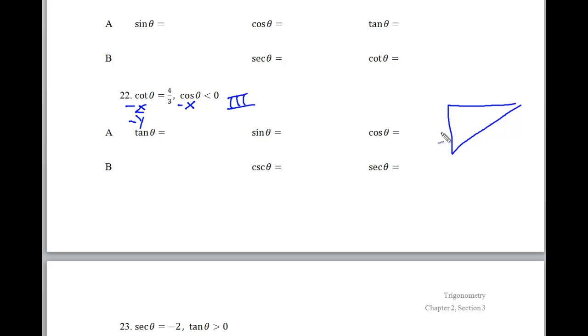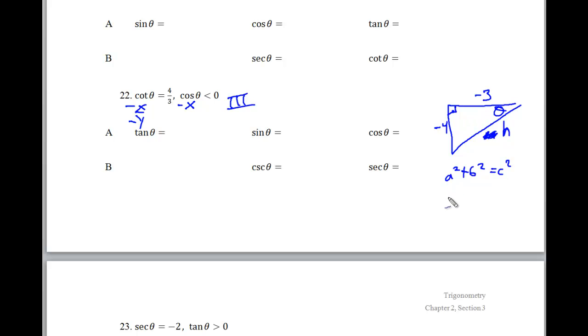Now, since the cotangent is x over y, this would mean that my x would be -3 and my y would be -4. And now we're going to find our hypotenuse, which is typically the c part of our right triangle from our reference point theta. So this gives me a squared plus b squared equals c squared, and I know the legs here.